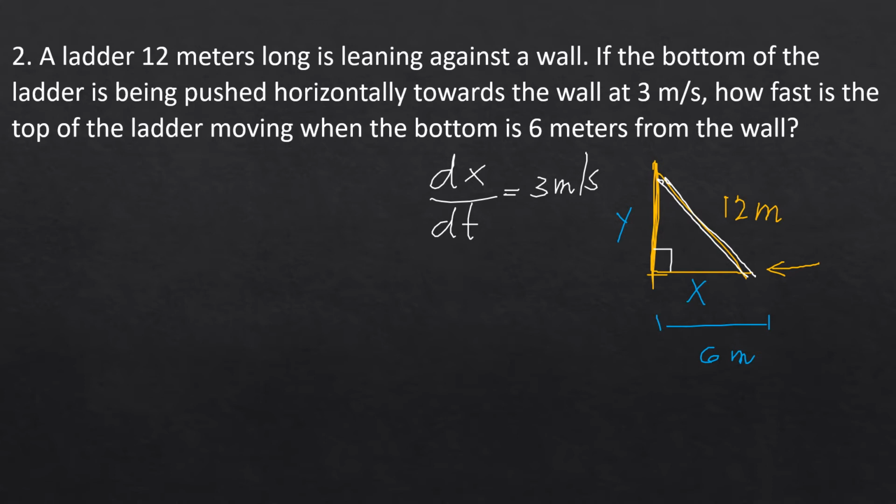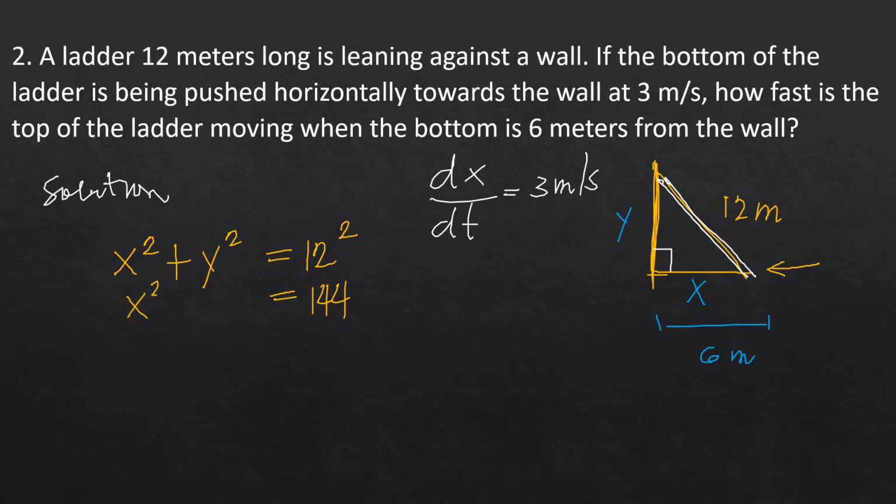That is, okay, x squared. Kakaroon tayo ng x squared plus y squared is equal to 12 squared, which is 144. If we try to realize again, dito sa dx over dt, kasi minumove mo siya towards the wall.